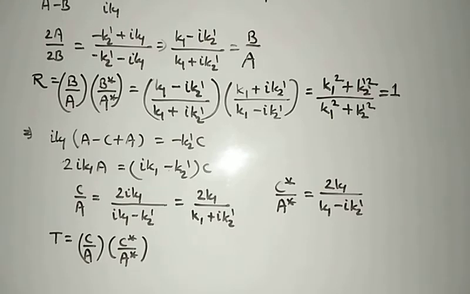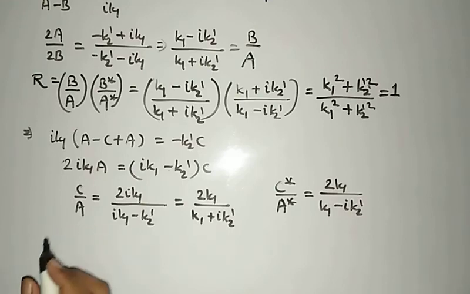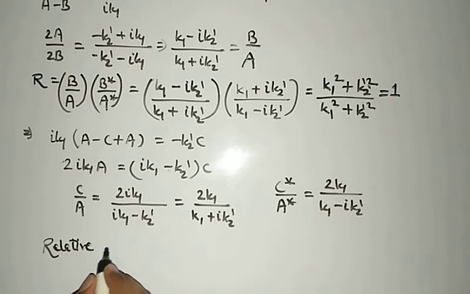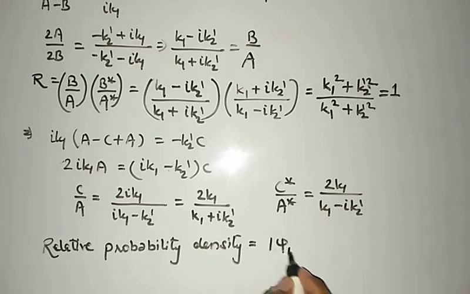It is better to find a probability density, because we have already R plus T is equal to 1. So okay, finding the relative probability density. This is psi t square.